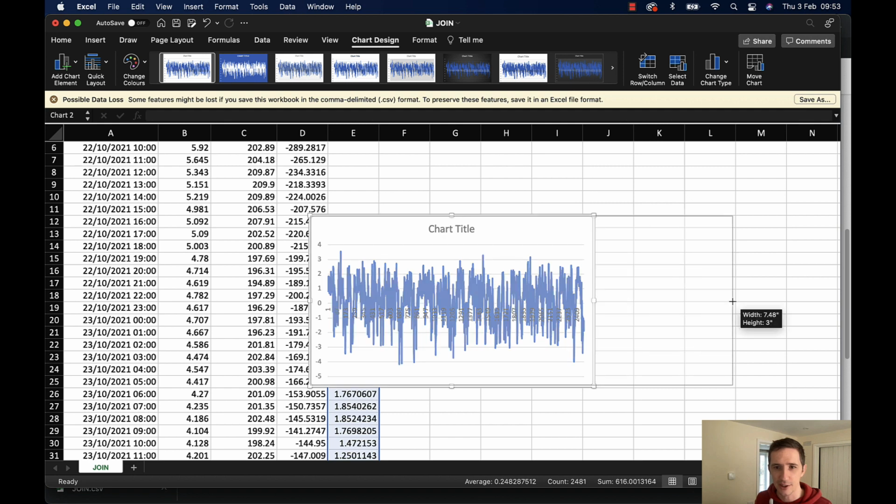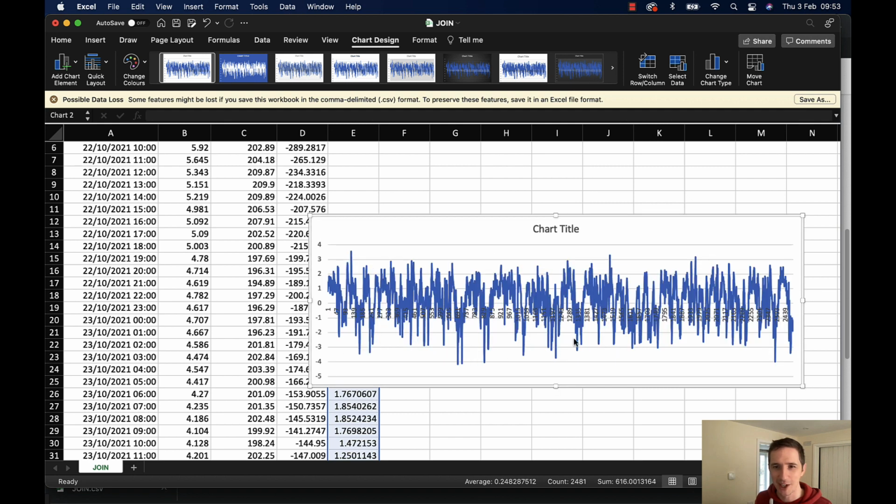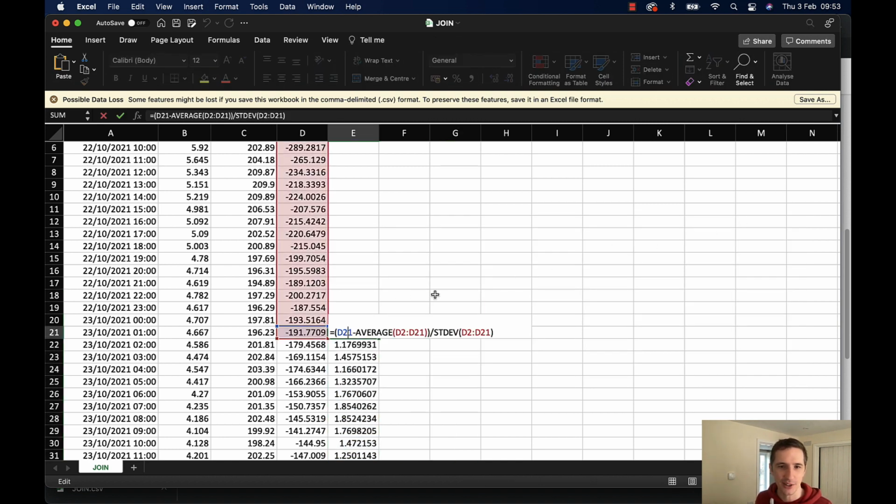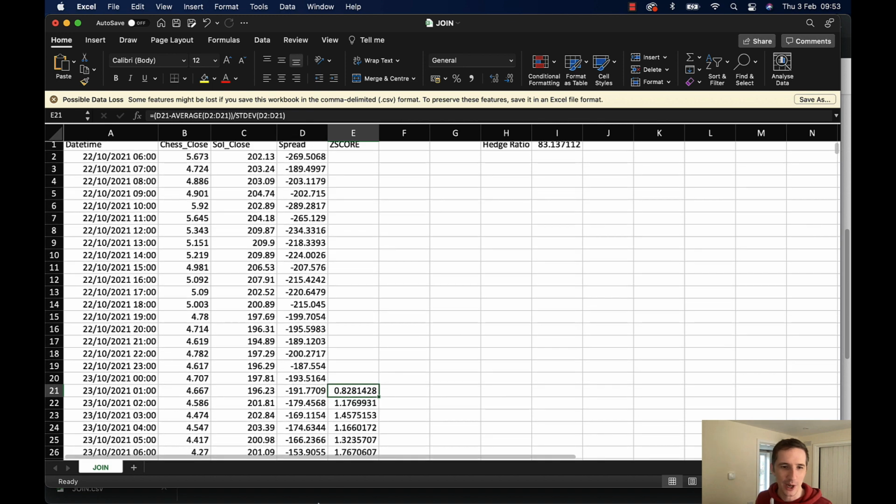Here's the z-score, so much more stationary, much more predictable. This is essentially going to be our indicator. When you think of the z-score, what you're saying is let's take this price minus the average divided by the standard deviation.